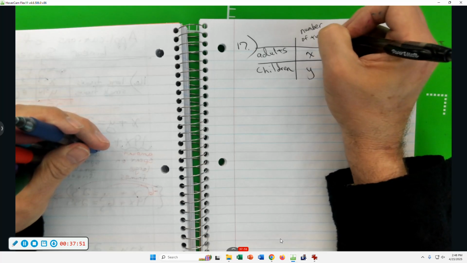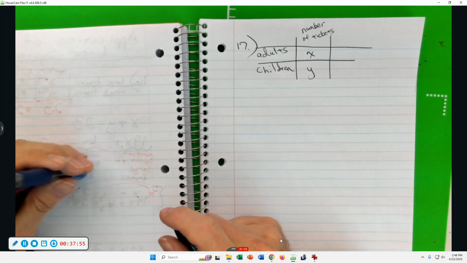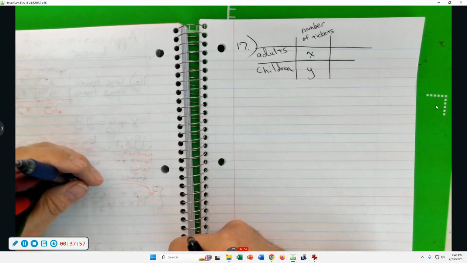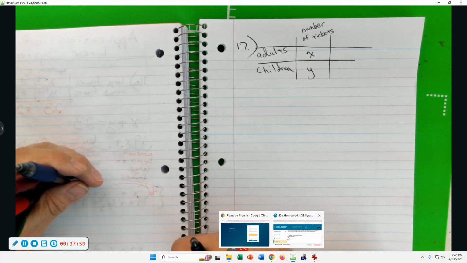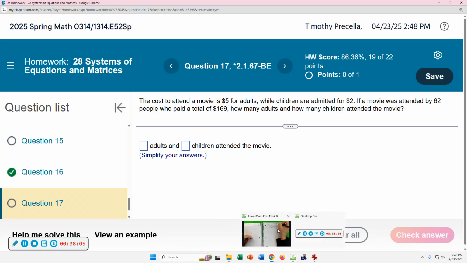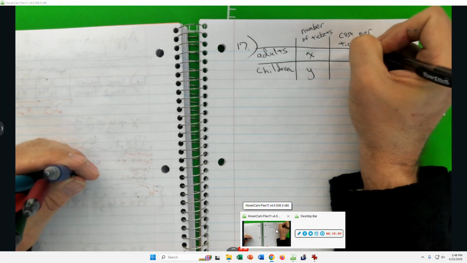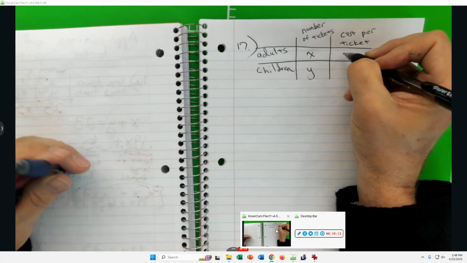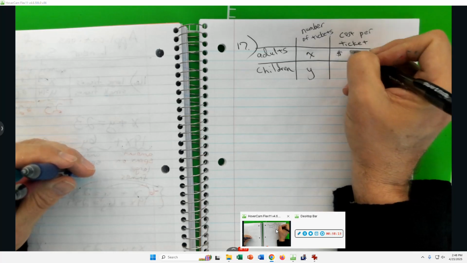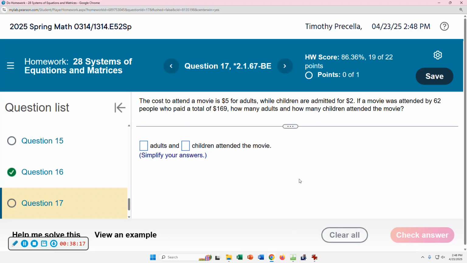We don't know how many children tickets were sold. They gave us some more information. I think they gave us the cost of each ticket. I'll say cost per ticket. Adult tickets cost $5. How much for the children tickets? Only $2.